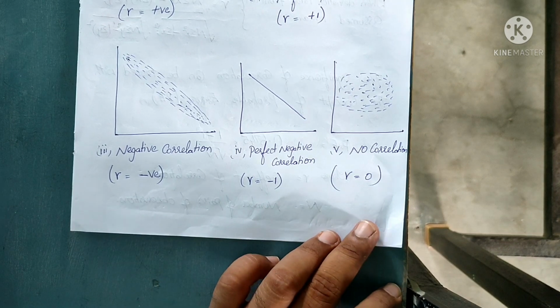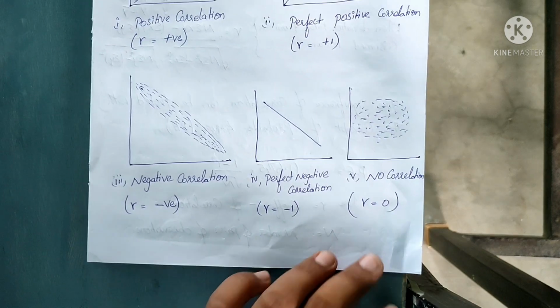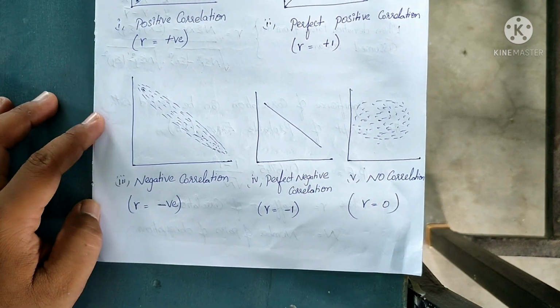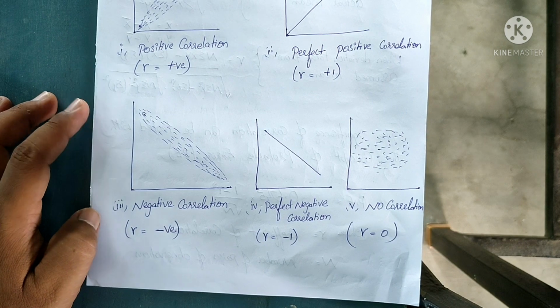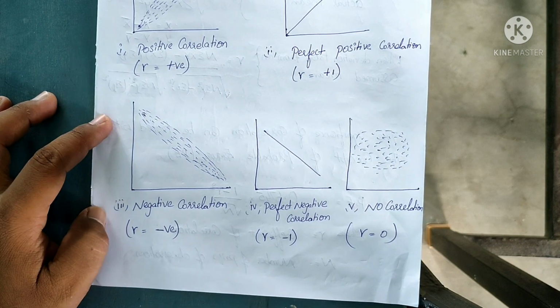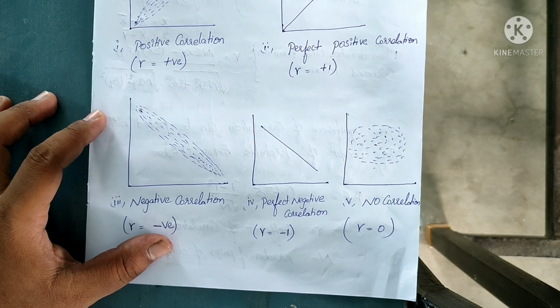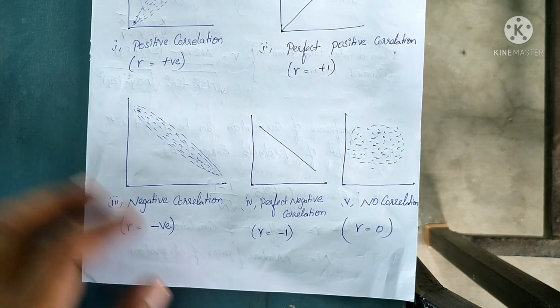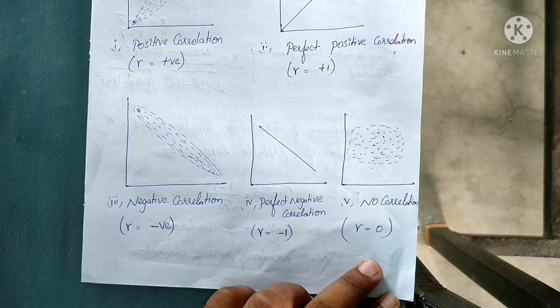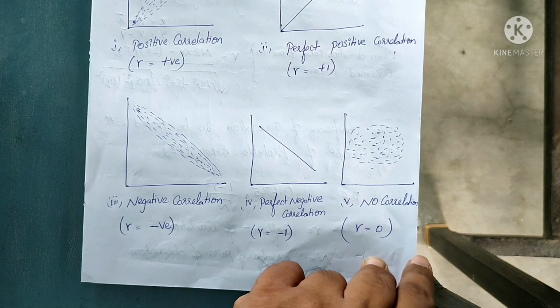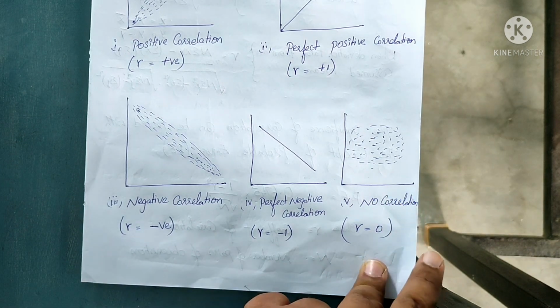When r value equals 0, then it is called as no correlation. So we have positive and negative correlation, positive correlation and perfect positive, negative correlation and perfect negative. And when r equals 0, that is called as no correlation, that is no direction.